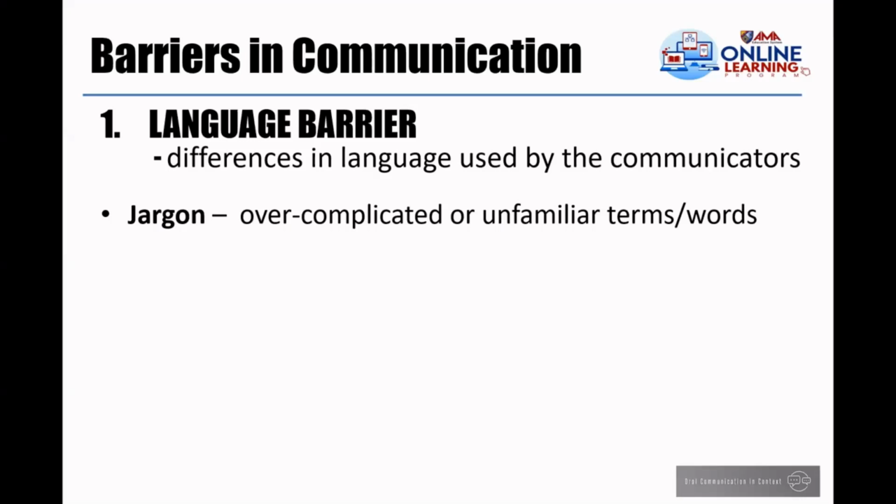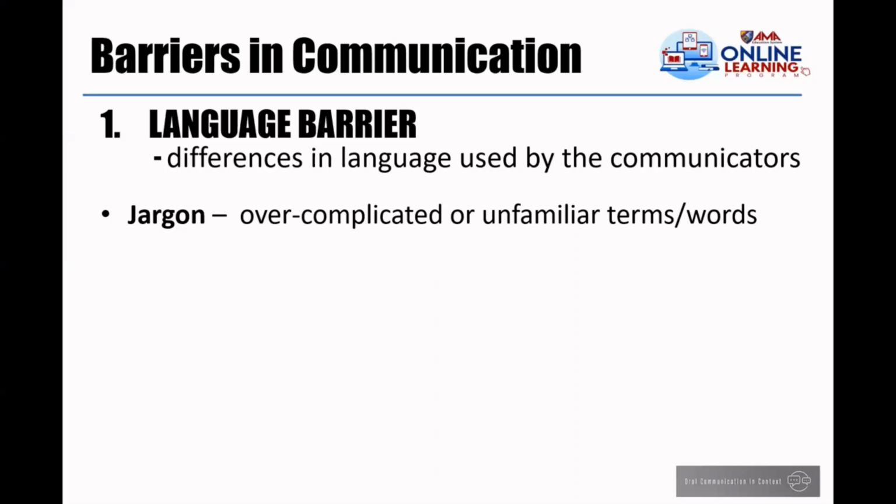If the sender and the receiver are both from the engineering field, they know how to use the blueprint. They know the purpose of the blueprint. They know when to use the blueprint. They know how to construct or make a blueprint, and so on.